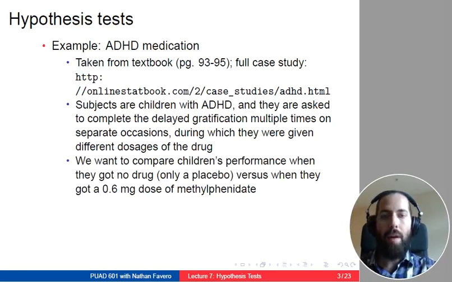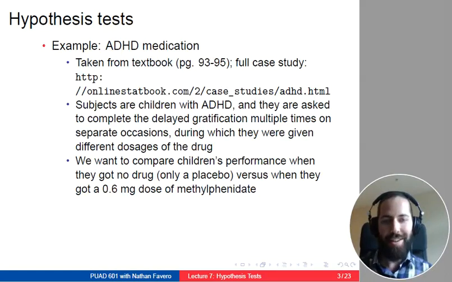This study is a bit more complicated than the data that we're going to be looking at, but we're just going to be focusing on how the child performed on this delayed gratification task when they had no drug, specifically a placebo, so maybe some sort of sugar pill or something like that, versus when they got a 0.6 milligram dose of methylphenidate.